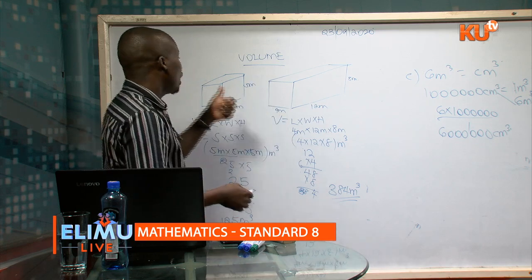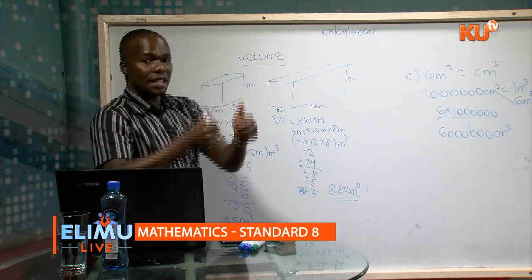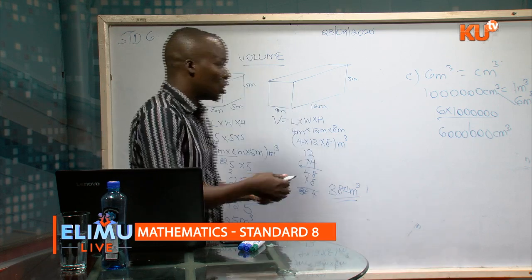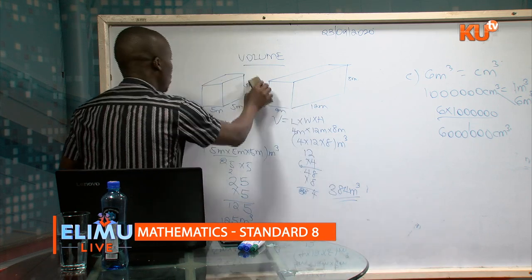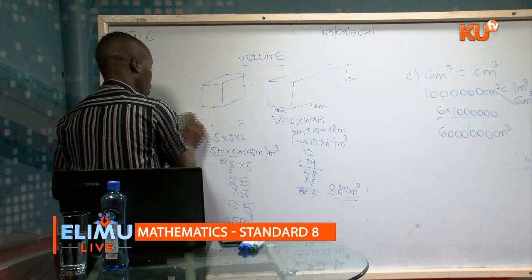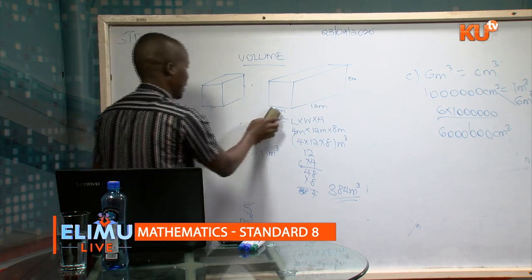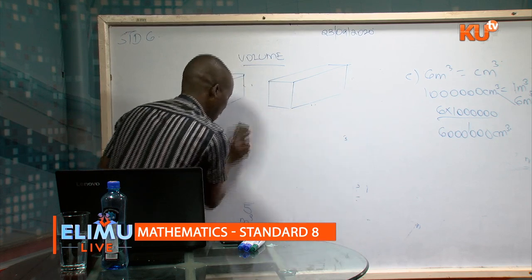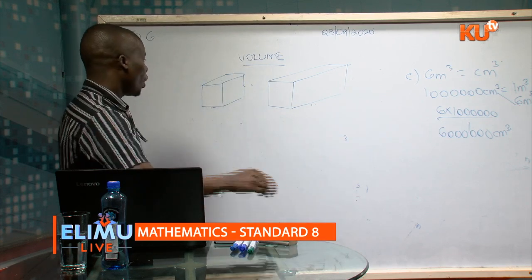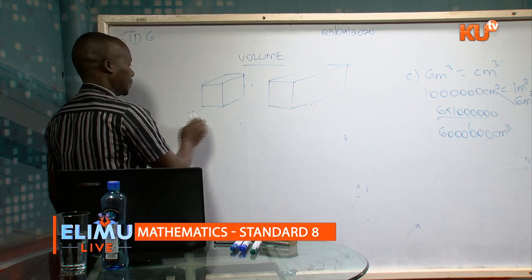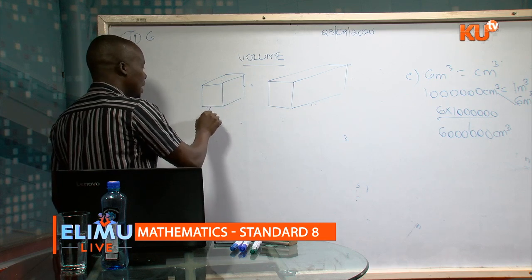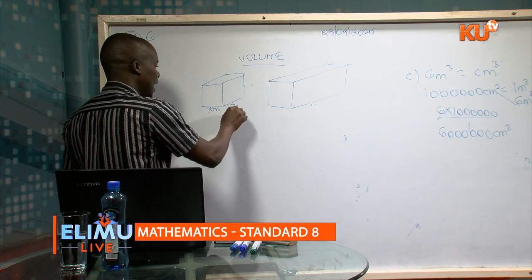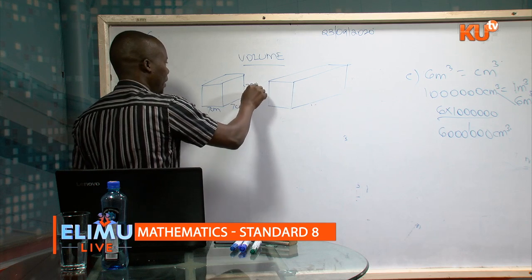It can also apply when given in centimeters, right? So let me use now a different unit as centimeters. So for a square, let me say you have now 7 centimeters, 7 and 7.